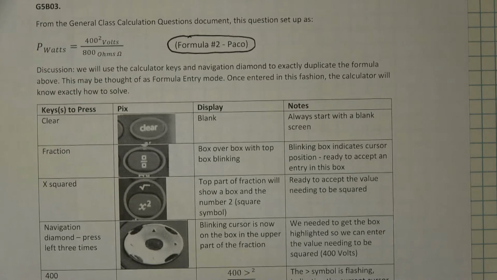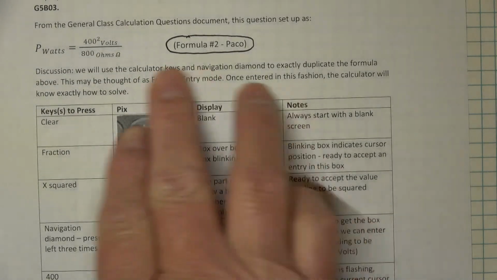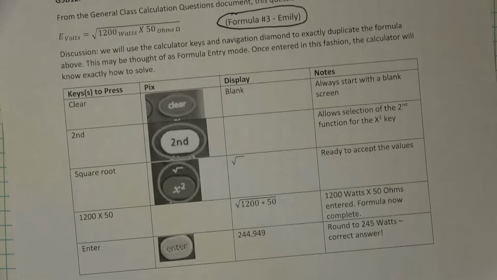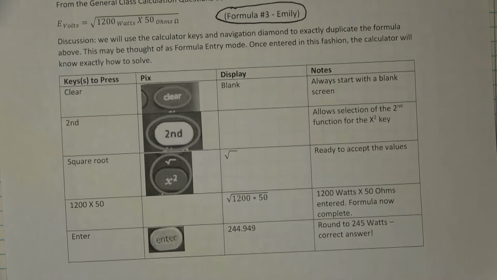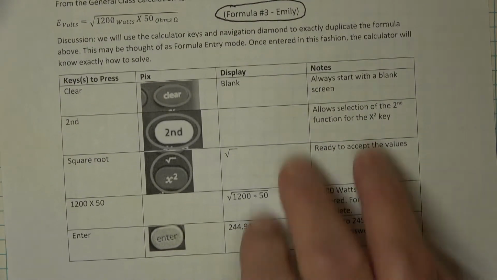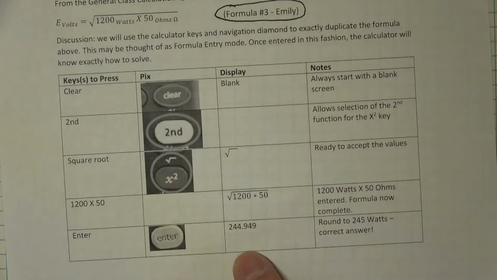And then I've got one for Formula 2 here. It's a different formula that appears on the general class reference sheet. And this is the third one, Formula 3. You'll notice that we've got names by each of these formulas. I'll introduce those people a little bit later.